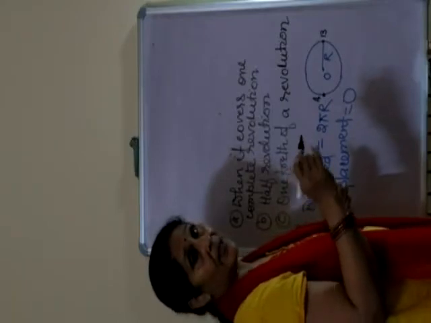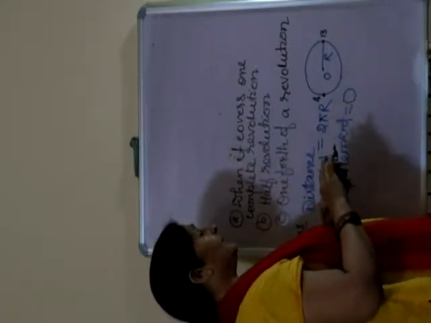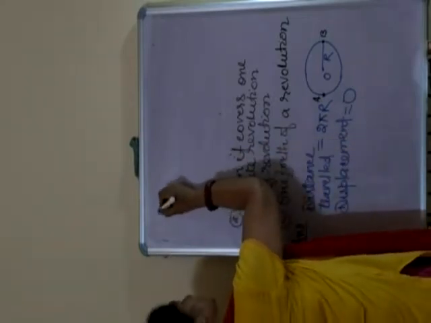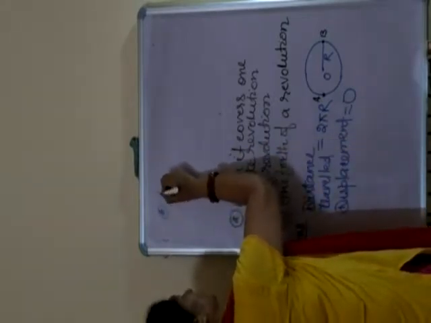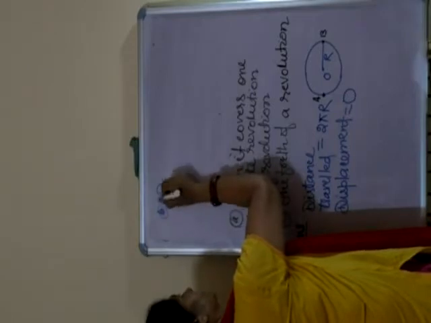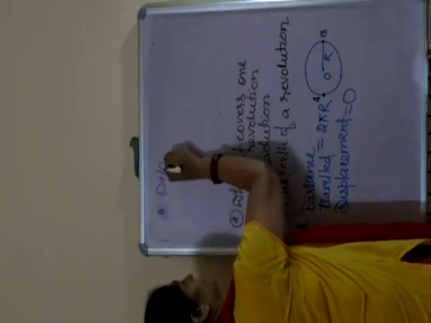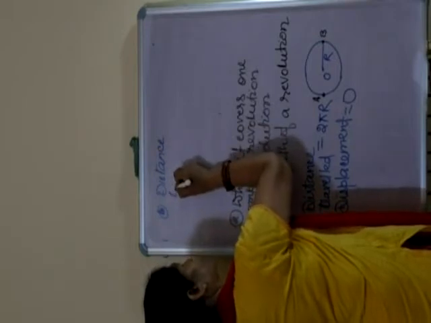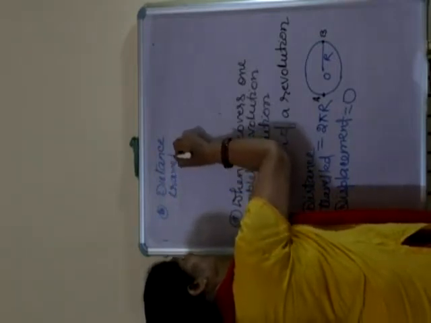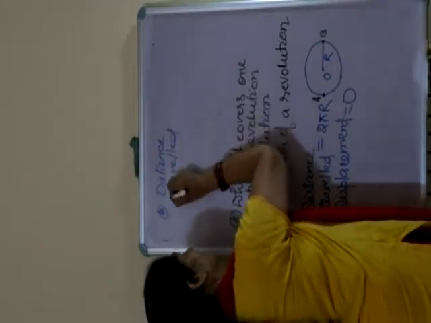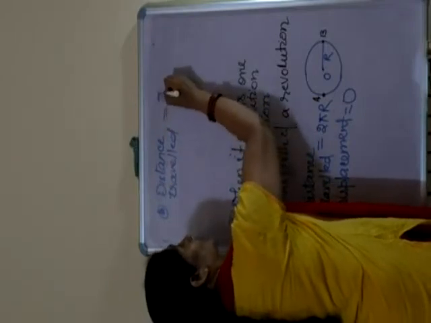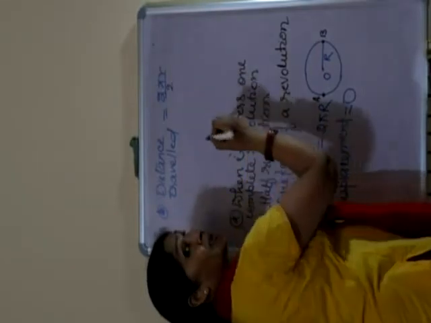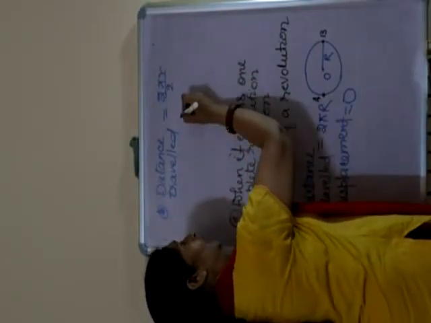In this case, the distance traveled will be what? 2 pi r by 2, half of the circumference. Finally, pi r.